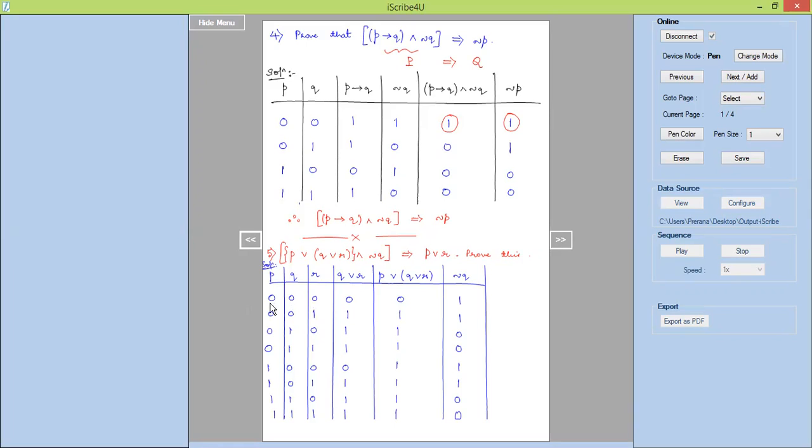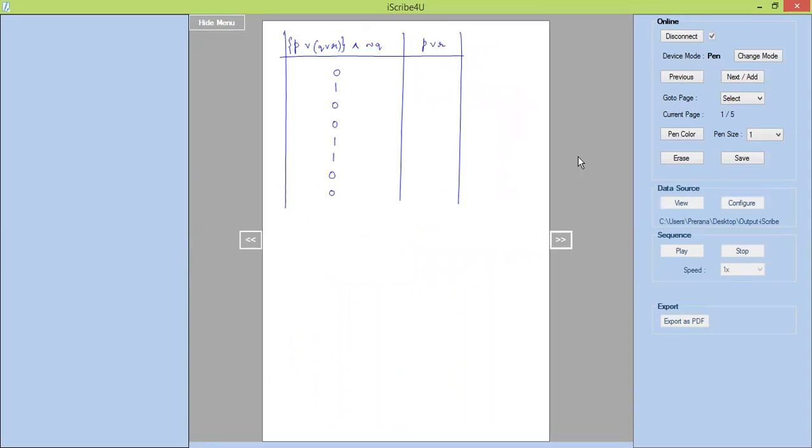So P or R: first row both are 0, third row both the truth values are 0. First row and the third row P or R gives us 0, rest all are ones. Correct? So we have filled this now.